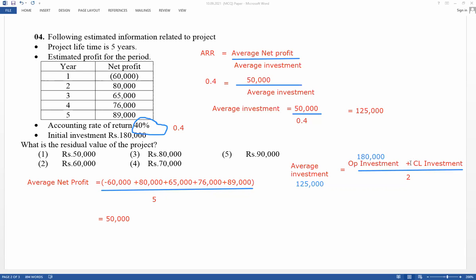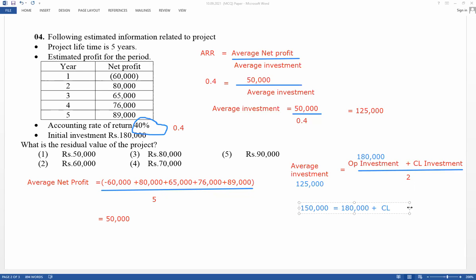Therefore, now the closing investment can be calculated. That is the residual value. 2 into 125,000 equals 250,000, which equals 180,000 plus closing investment.